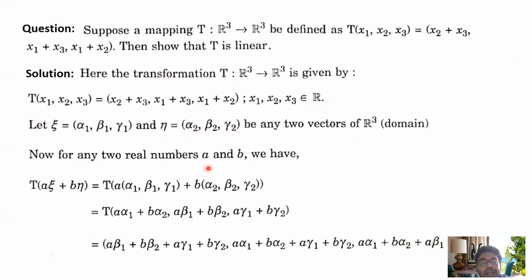For any two real numbers a and b, we have T(a eta plus b zeta) is equal to T(a(alpha 1, beta 1, gamma 1) plus b(alpha 2, beta 2, gamma 2)). If I simplify, what is left, that is T(a alpha 1 plus b alpha 2, a beta 1 plus b beta 2, a gamma 1 plus b gamma 2).